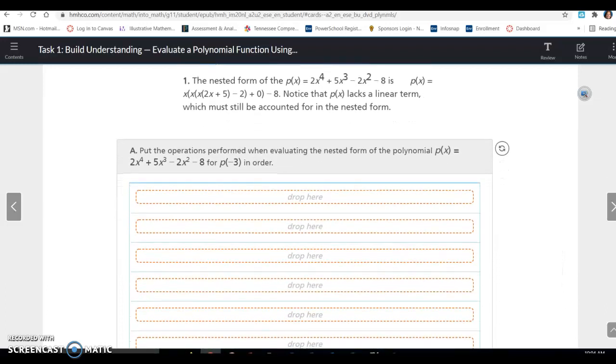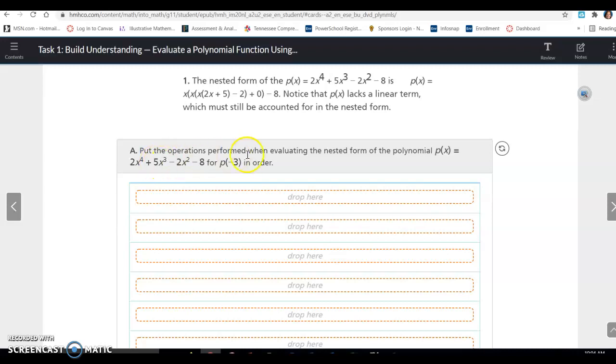The nested form of p of x is this array of stuff here with all the parentheses. Notice that p of x lacks a linear term. So it went 4, 3, 2. There's no x to the first power, so there's no linear term, which must still be accounted for in the nested form. So you can see they've added a 0 here for the x term.